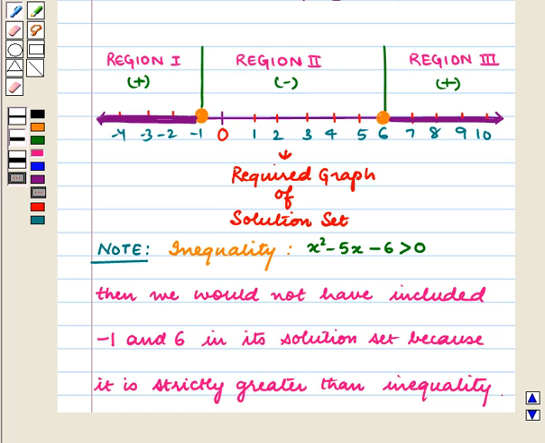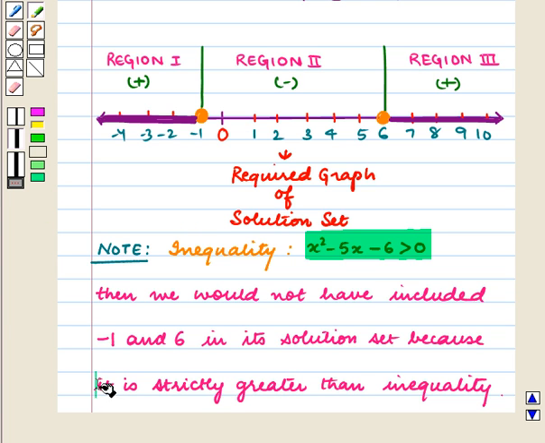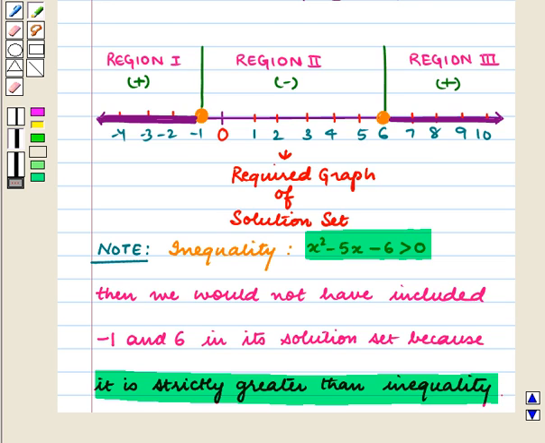Note that if the given inequality was of the type x² - 5x - 6 > 0, then we would not have included -1 and 6 in its solution set because it is a strictly greater than inequality.